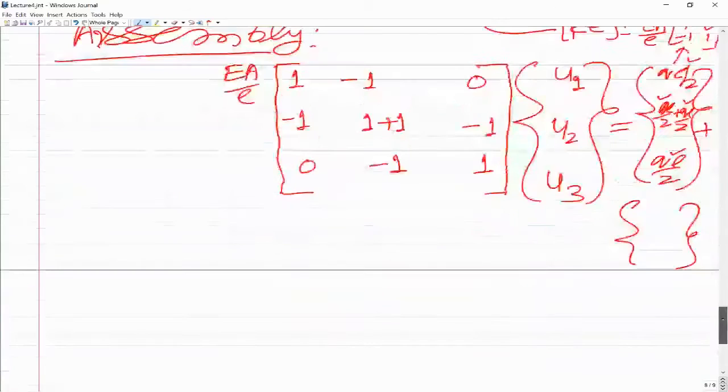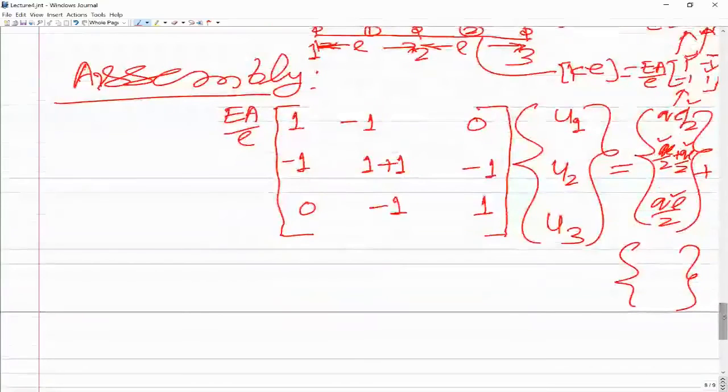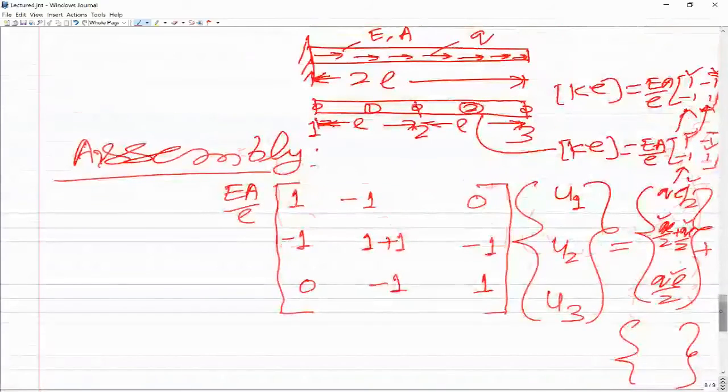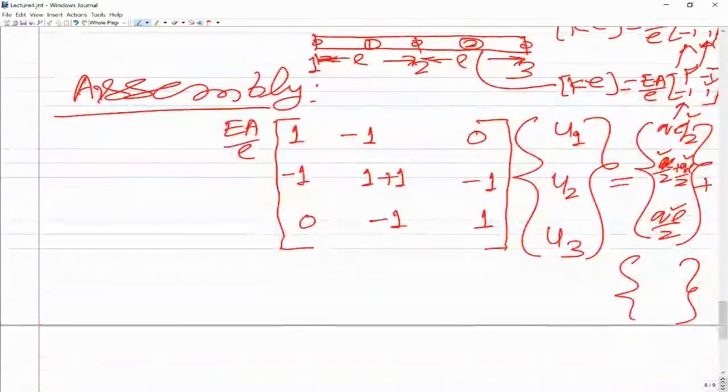Now as far as the internal load vector is concerned, we have to differentiate the internal load vector for the first element and the second element. So the first element is, let us say, minus q11, and q21, where the superscript is for the element number.